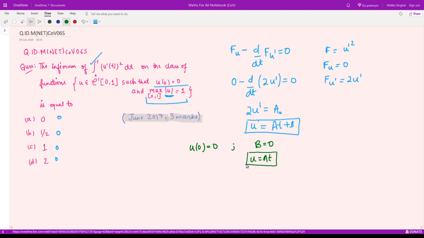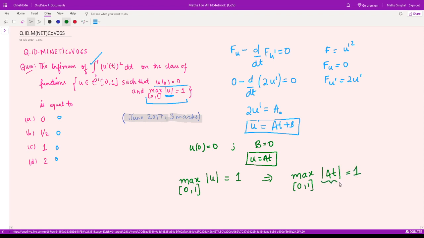Now let me use the second condition, that is given to be the maximum of the modulus of u over the interval 0 to 1, which is given to be 1. As we have u is equal to at, let me substitute it here. So I have the maximum over the closed interval 0 to 1 of the modulus of at is equal to 1.